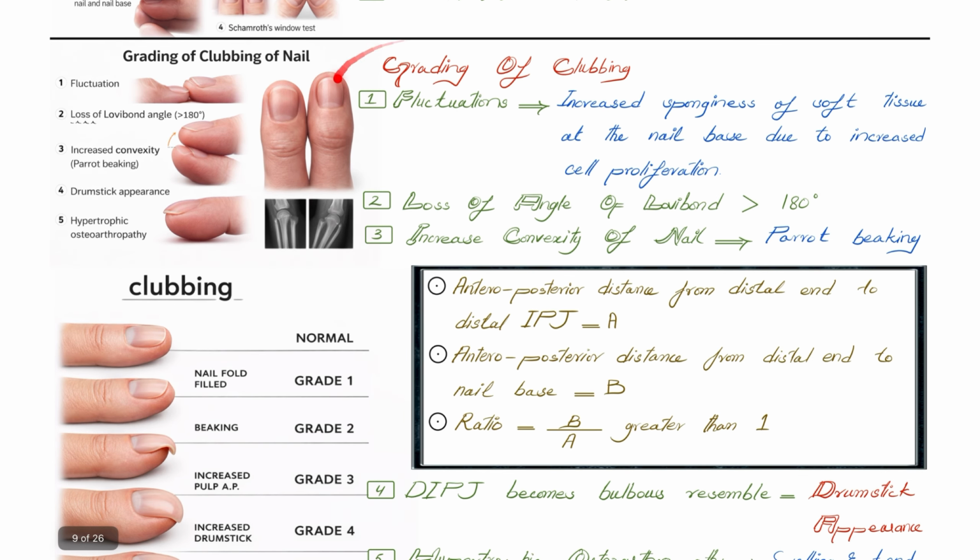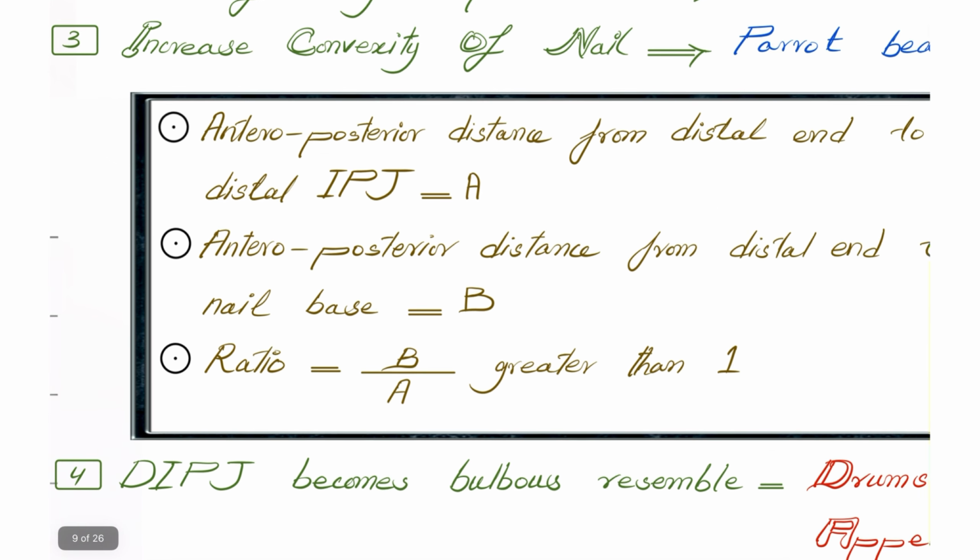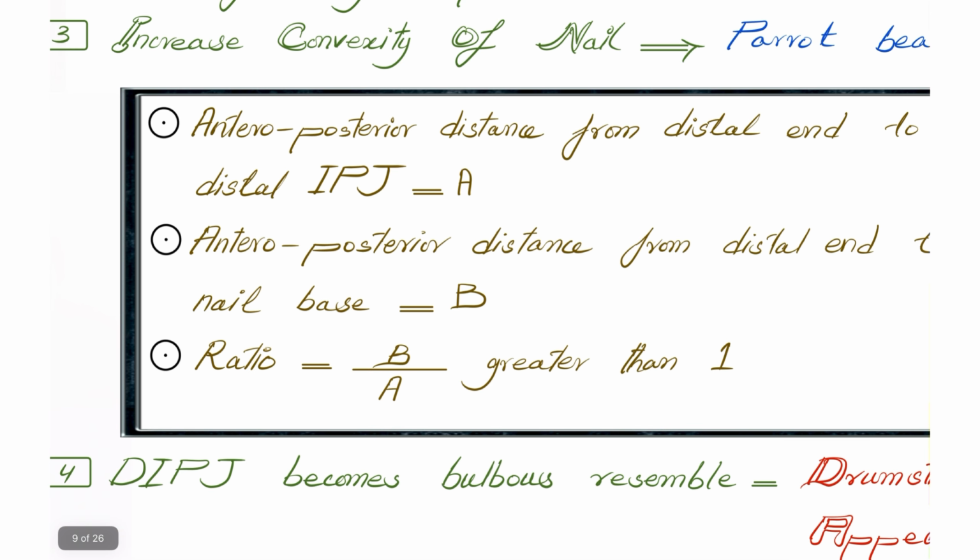Then you can do grading of clubbing. For explaining grading of clubbing, I would like to say that even when clubbing is not obvious on inspection, you can still find clubbing. How can you do it? By calculating the ratio of B over A, and if B over A is greater than 1, it means clubbing is present, though you cannot see it with your naked eyes.